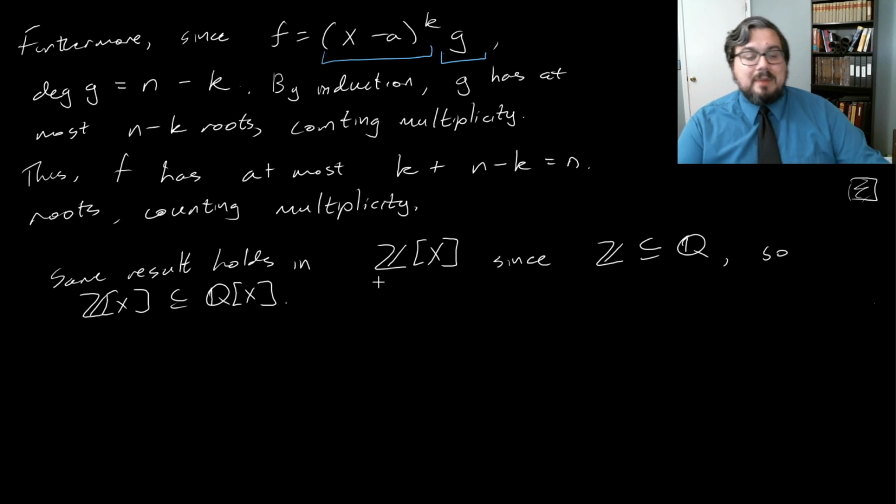So if I look at any polynomial in the ring Z adjoin x, I can think of that as a polynomial in Q adjoin x.